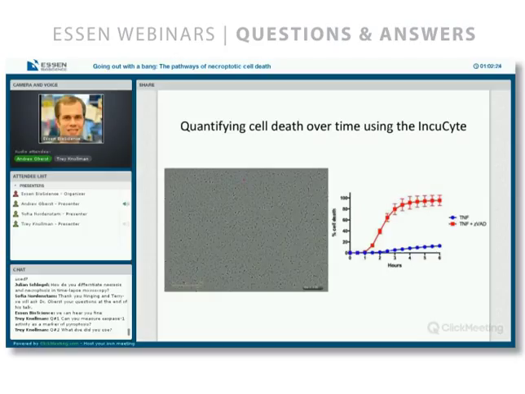Obviously, what you see here is that what we're measuring is percent cell death, but what we're actually counting in the IncuCyte is the number of dead cells per field. And so to get from the number of dead cells per field to percent cell death, we of course need to know our total number of cells, the total cell count, so that we can divide the number of dead cells in each field by that number.